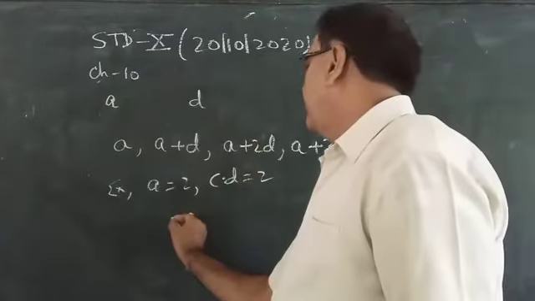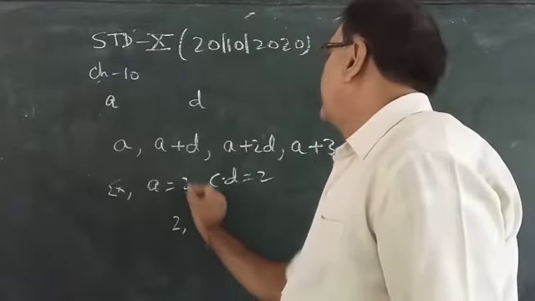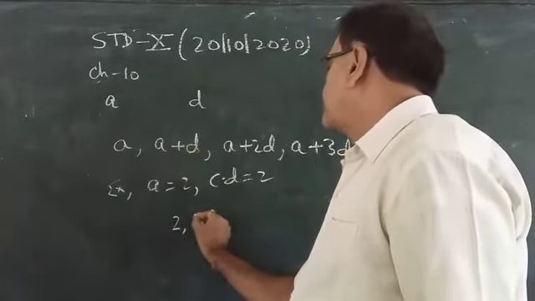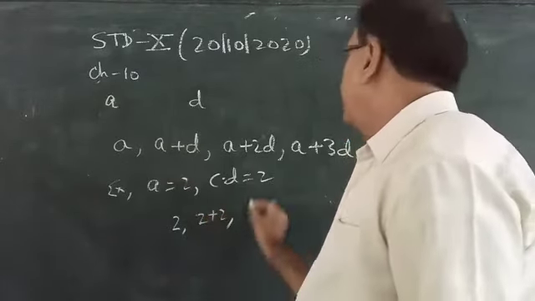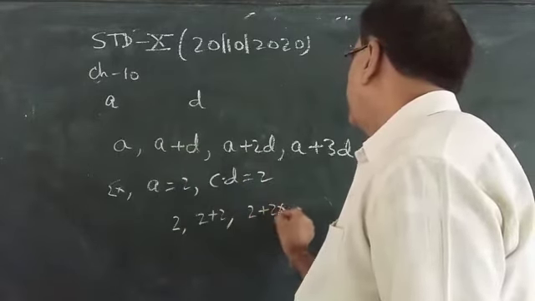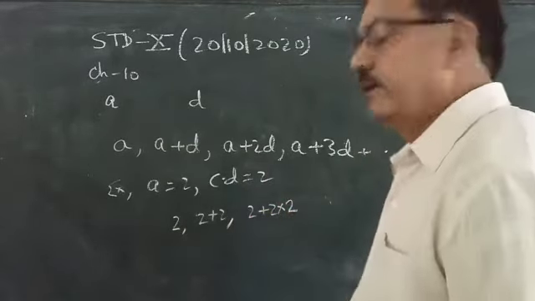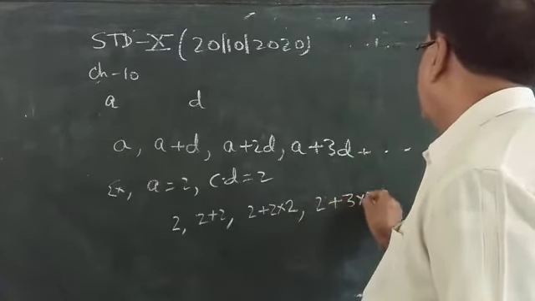So first a is 2, then a plus d means 2 plus 2, and a plus 2d, third, 2 plus 2 into 2, then 2 plus 3 into 2.